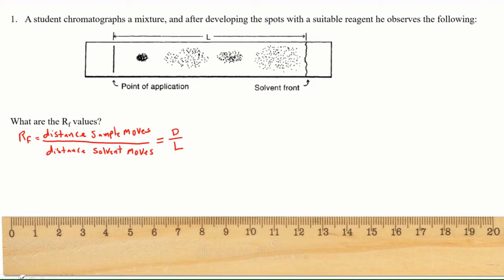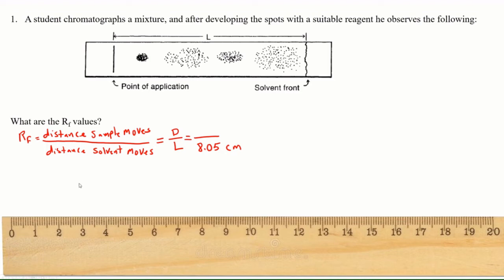8.05 centimeters. Remember, whenever we use a centimeter ruler, we have to use 2 decimal places. So this is 8.05 centimeters.